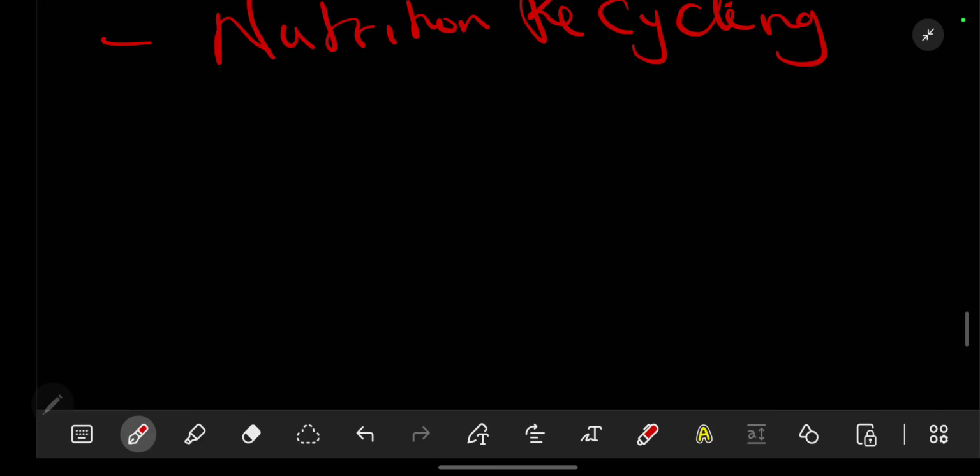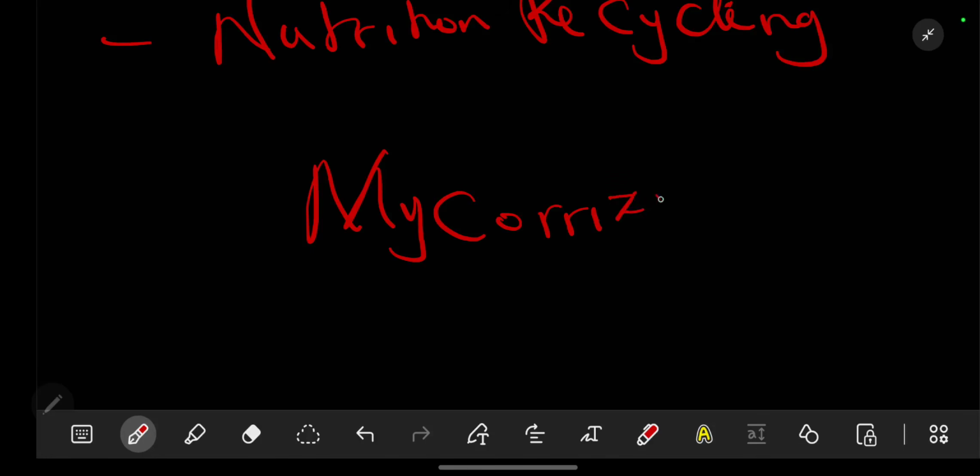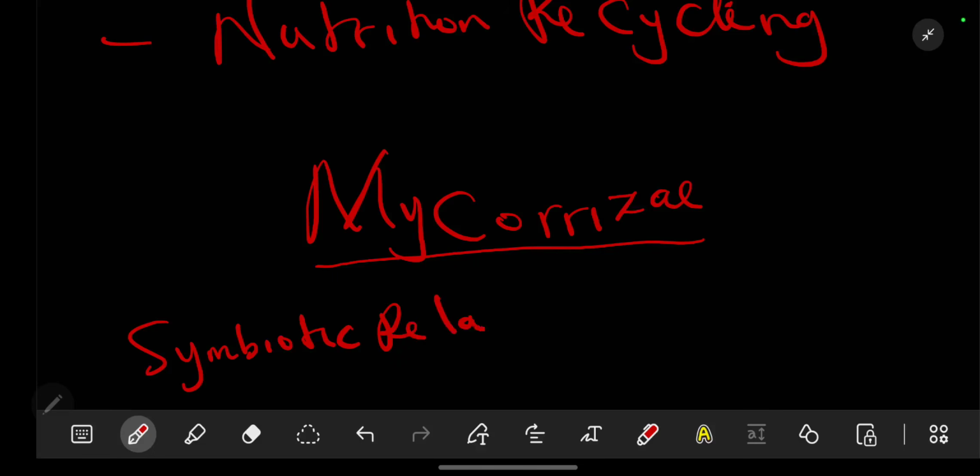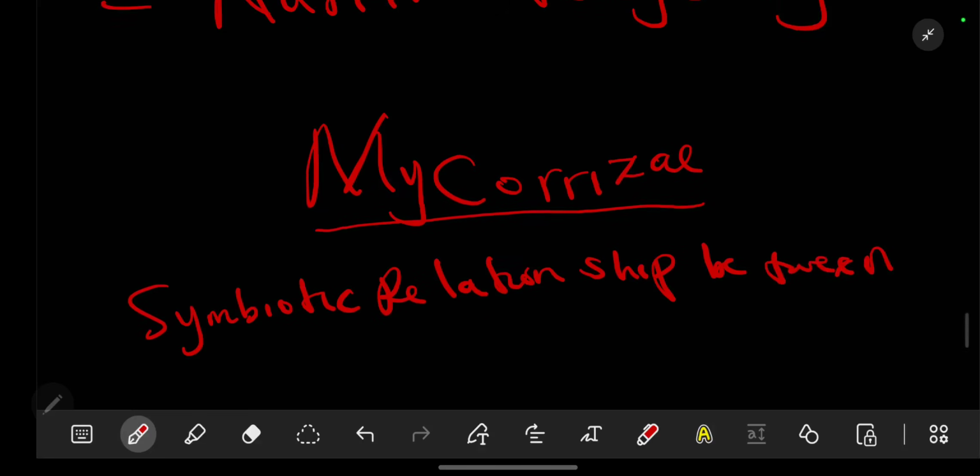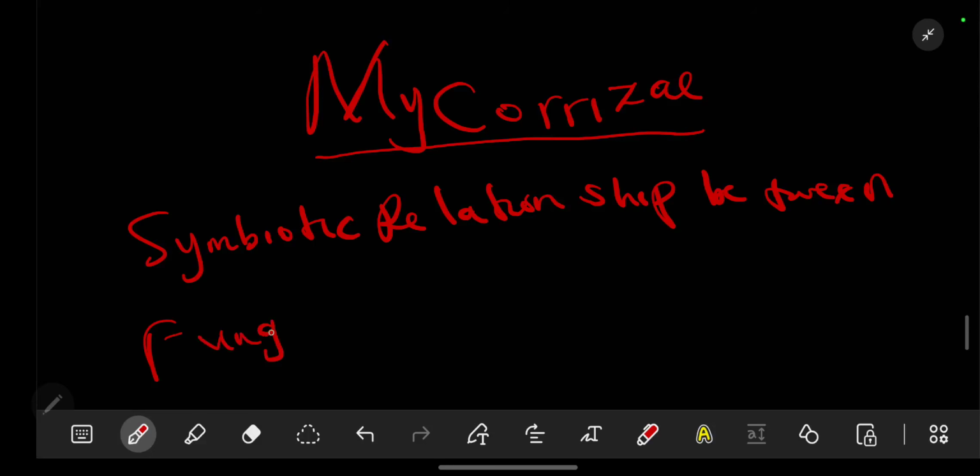Now let's introduce terms such as mycorrhiza, which is a very, very important term. So what is mycorrhiza? Mycorrhiza is simply a symbiotic relationship between the fungi and roots of plants.